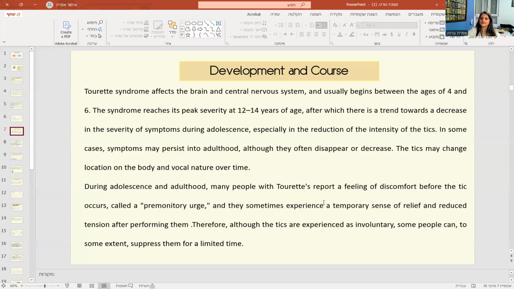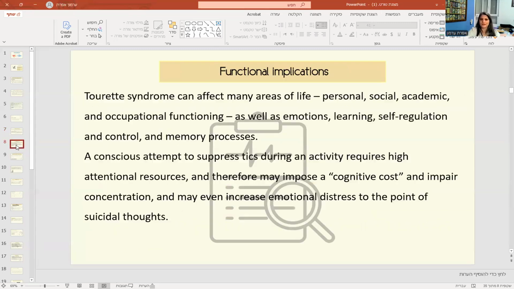Some people can limit the appearance of tics, but they can do it only for a limited time. Afterwards, it comes out again, and he pays for it. We'll talk about that later.